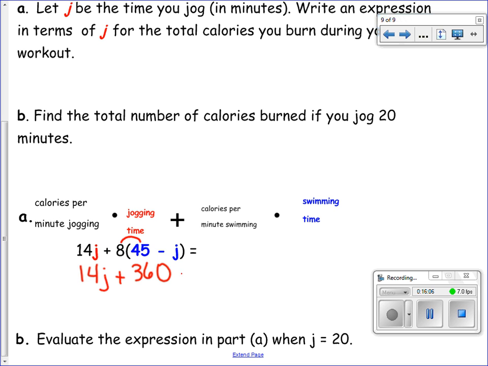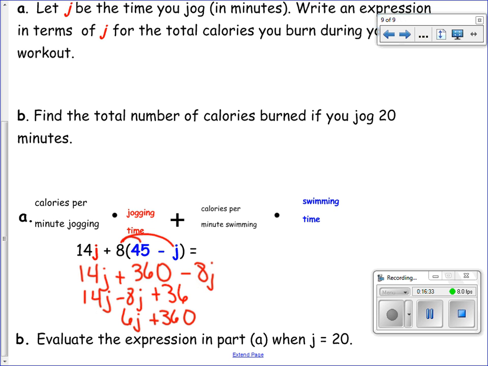Minus 8J. Now I'm going to simplify it because you've got 14J minus 8J plus 360. 14J minus 8J is going to be 6J plus 360. So we took our formula and simplified it.